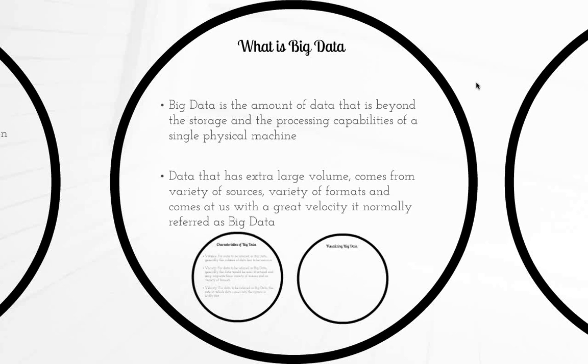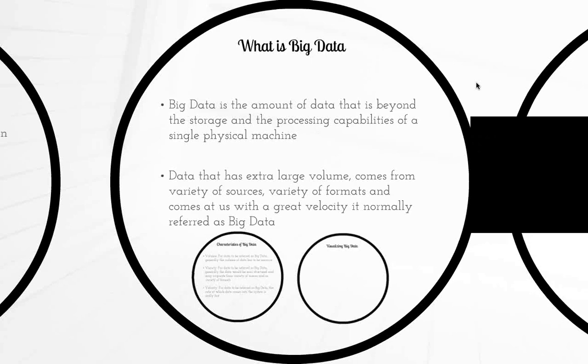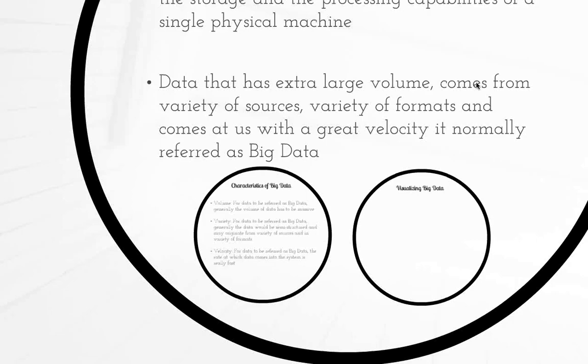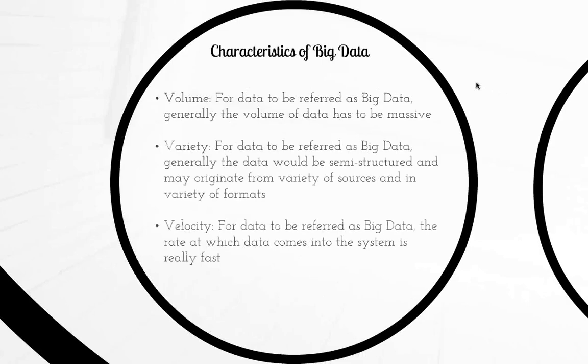So basically, data that has extra large volume, comes from a variety of sources and formats, and comes at a great velocity is referred to as big data. So, 3 characteristics of big data. First we saw is volume. For data to be referred to as big data, generally the volume has to be massive.